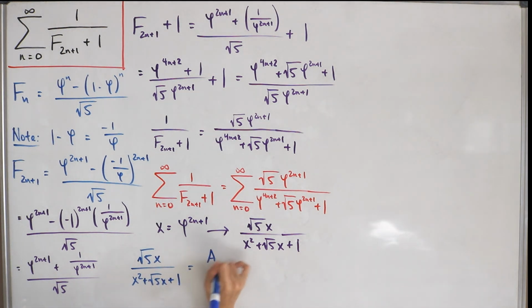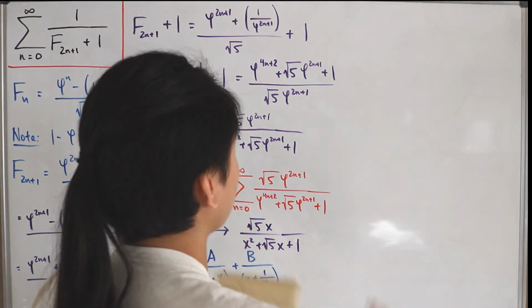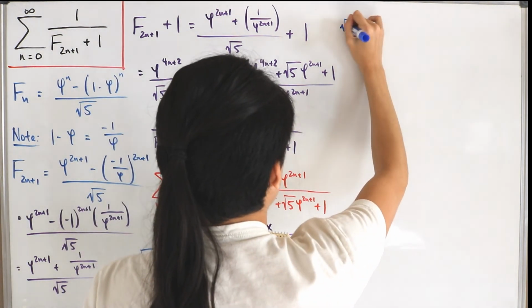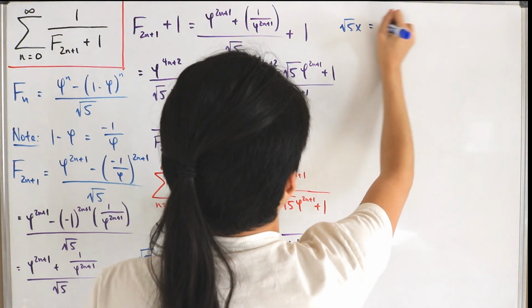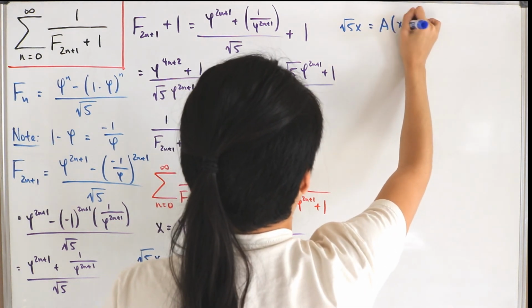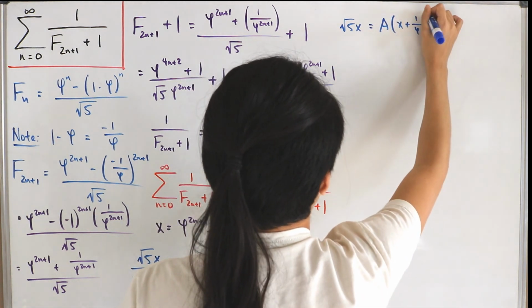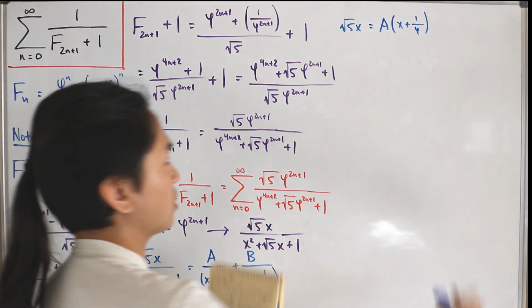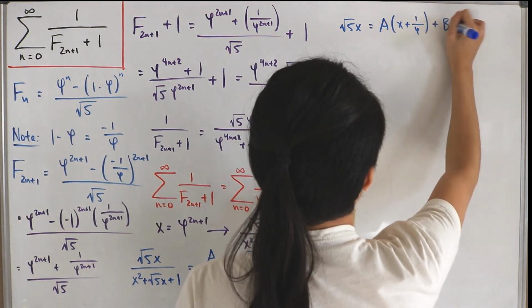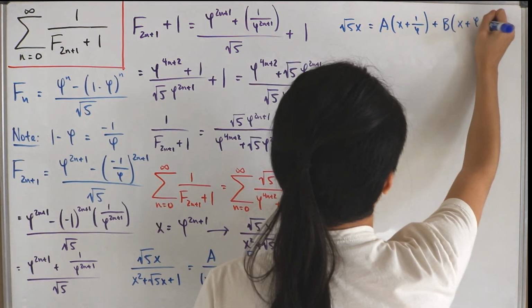For capital A, the denominator reduces down to x plus phi, and the second term, B, is x plus 1 divided by phi. Now we can apply the partial fraction decomposition: the square root of 5 times x is equal to A multiplied by x plus 1 divided by phi, added with B multiplied by x plus phi.